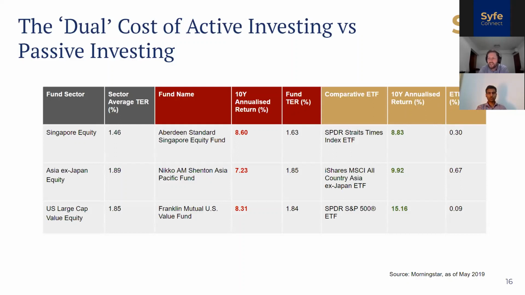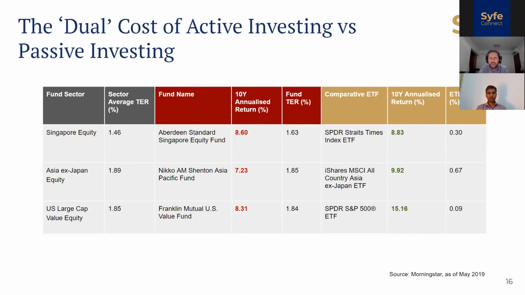So there's almost a doubling effect going on. This dual cost effect means that not only are we seeing a difference in cost between the ETF and the active fund, which is the price you pay, but we're also seeing underperformance as a cost too.